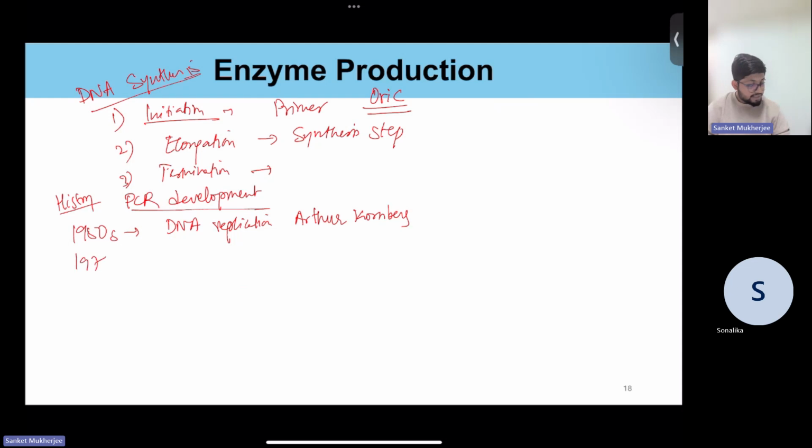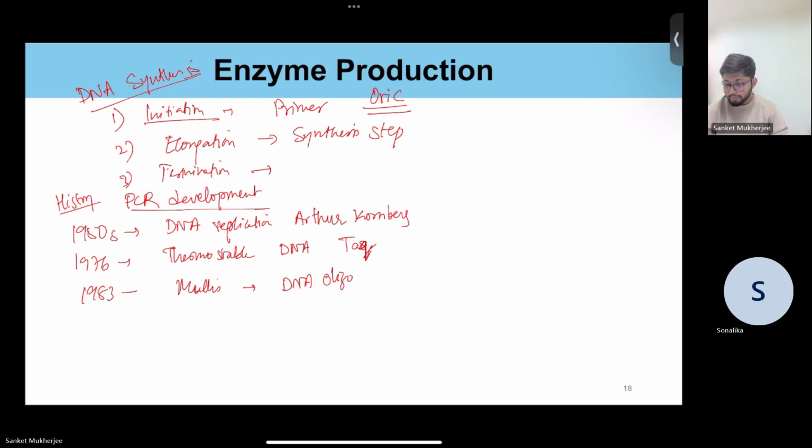In 1976, the thermostable DNA polymerase from Thermus aquaticus, known as Taq polymerase, was discovered. If you have even a little knowledge of molecular biology, you must have heard about it. In 1983, Mullis synthesized DNA oligoprobes for sickle cell anemia, right?